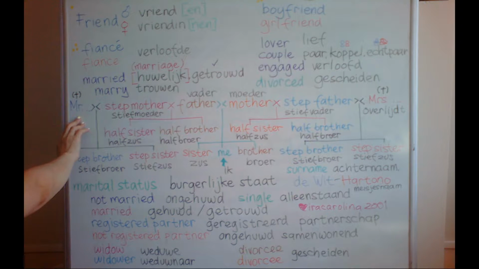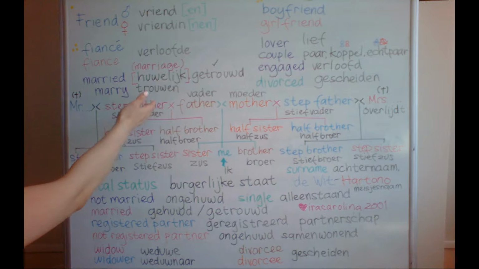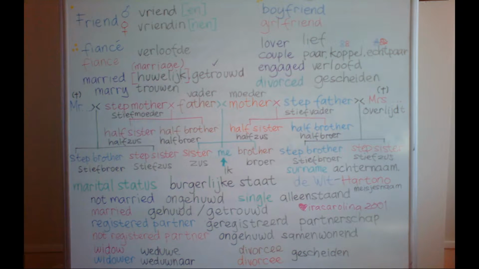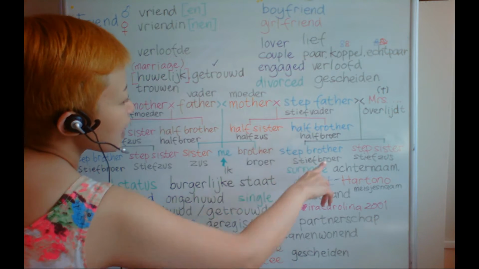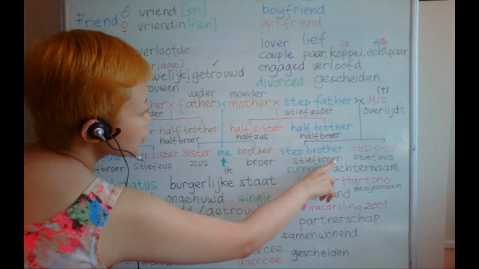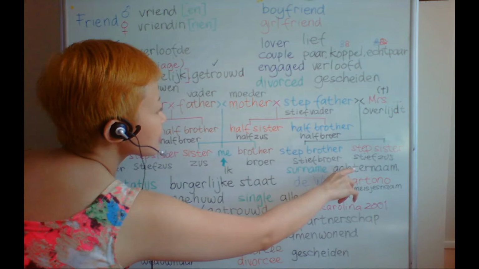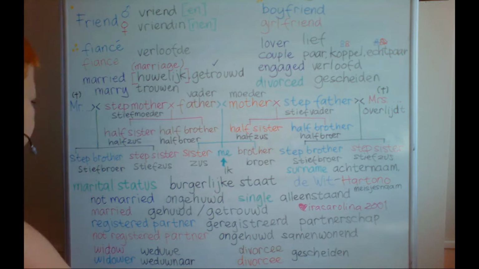This is from the other person, the mister, and this is my stepmother. So they are stepbrother or stiefbroer, and stepsister, stiefzus. Repeat here. Stepbrother, stiefbroer, stepsister, stiefzus.